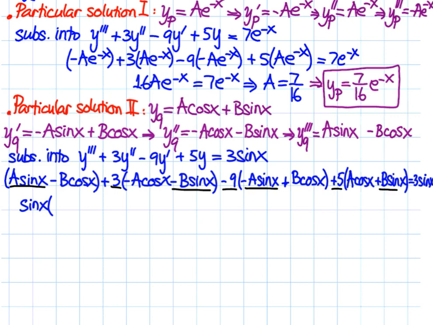Put all of that together and factor out the sine. We have a minus 3b plus 9a plus 5b. That is for sine x.